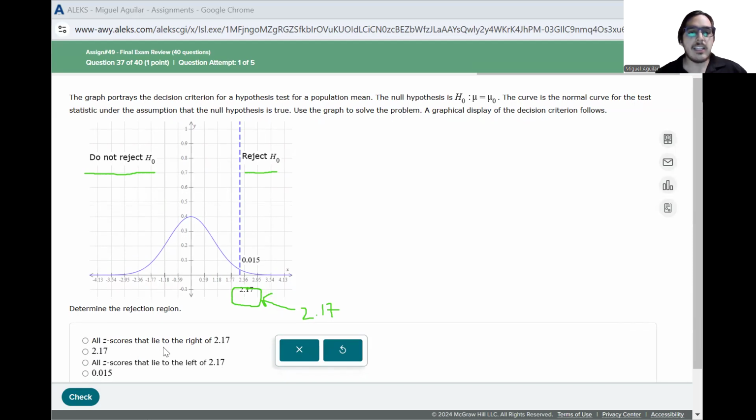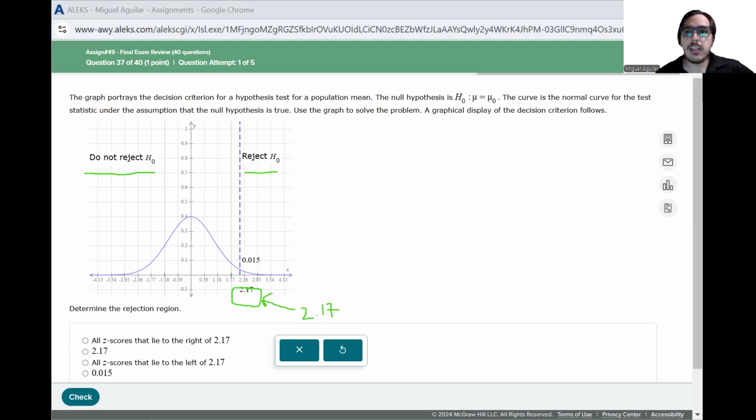All z-scores that lie to the right, because that's the rejection region based on what we see in the diagram. 2.17 looks like the cutoff value. All z-scores that lie on the left side of 2.17 would fall over here in the region that says do not reject the null hypothesis.